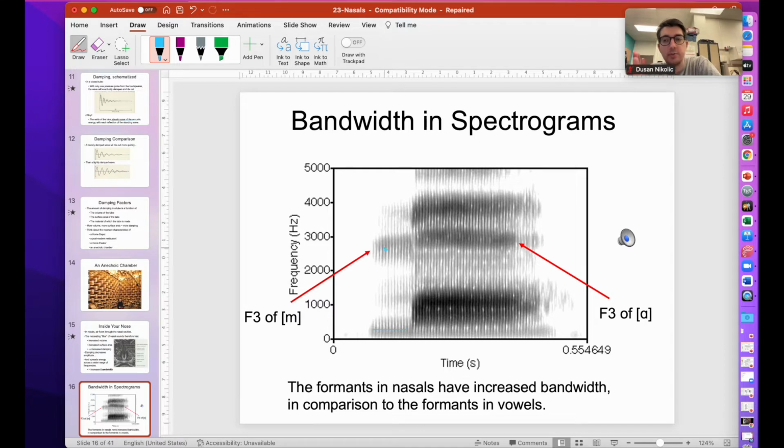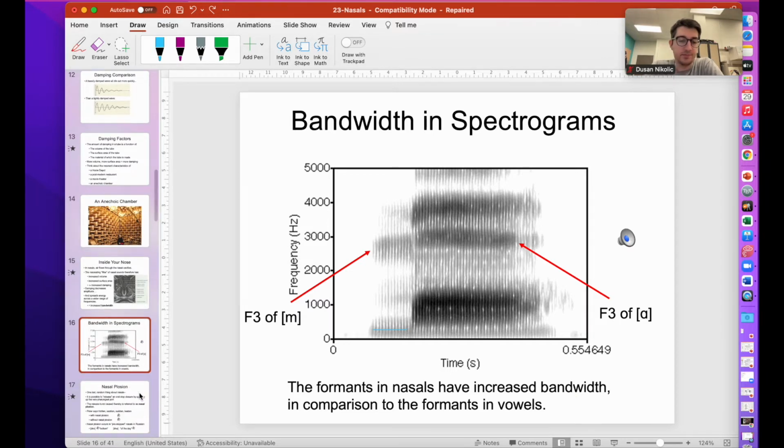Basically the pulsing of the frequencies is larger, meaning that bandwidth will be increased in comparison to the vowels over here. So the formants in nasals have increased bandwidth in comparison to formants in vowels.